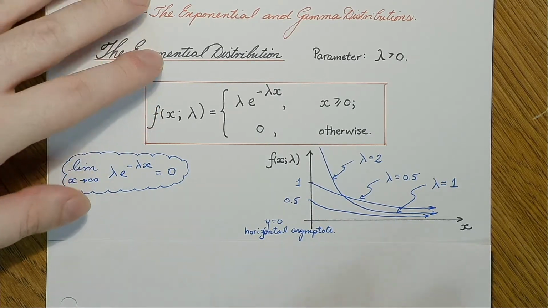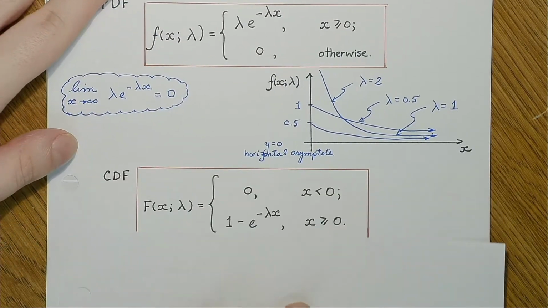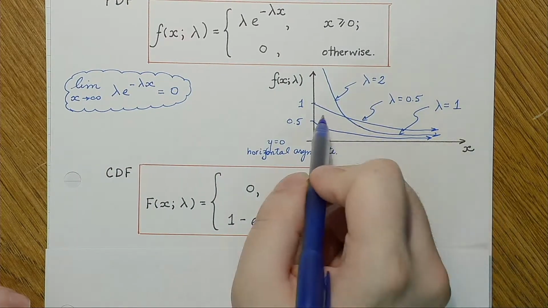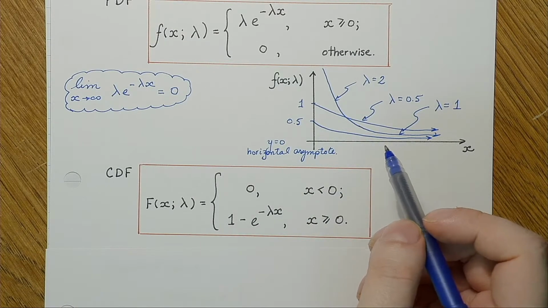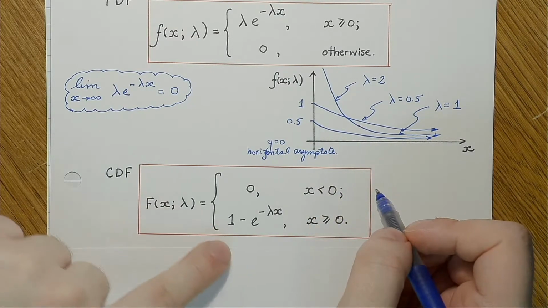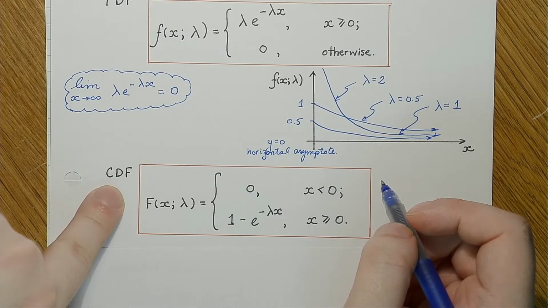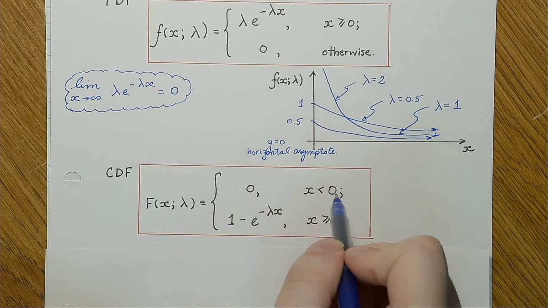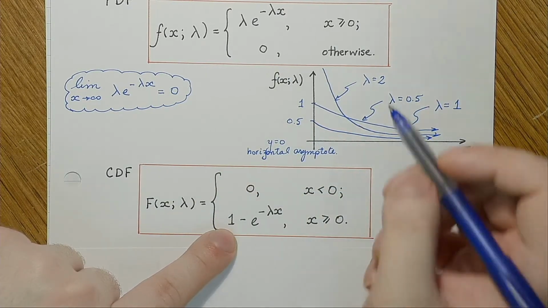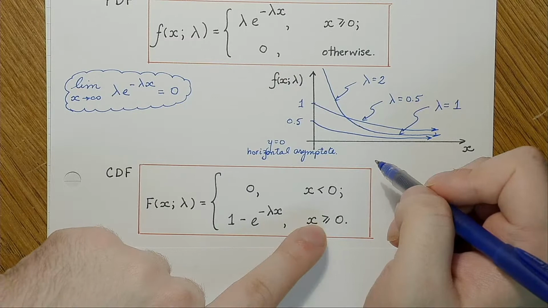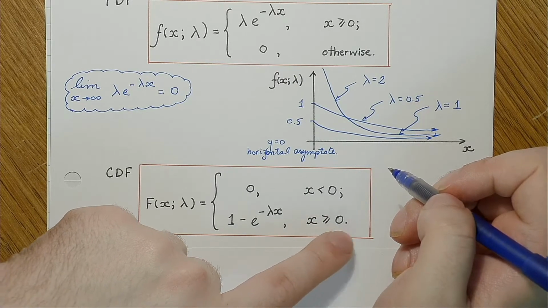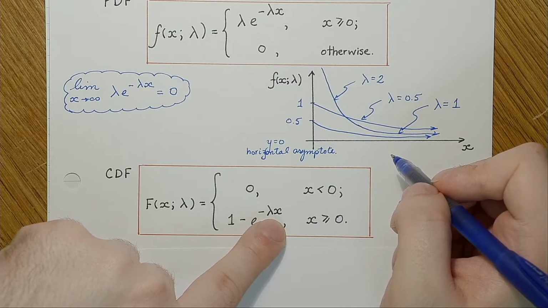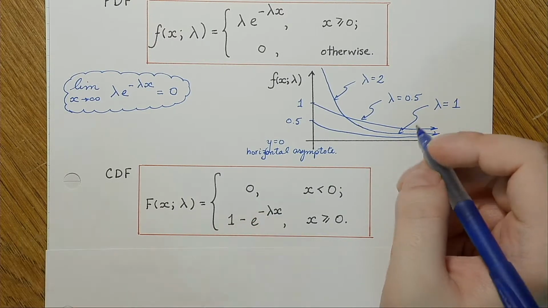The next thing that we have is the CDF. So we can integrate under these curves here, and when we do up to a certain point x, we get the cumulative distribution function. In this case, it's 0 if x is less than 0, and if x is greater than or equal to 0, we use 1 minus e to the minus gamma x.